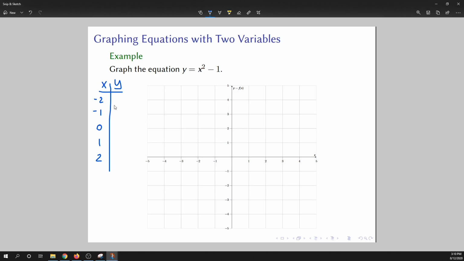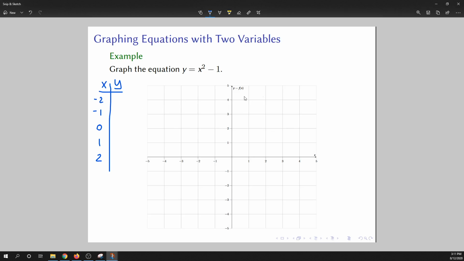All right, so don't sweat the details on how I pick these. For the ones that we're doing, these points for the most part will be okay, but as the graphs or equations get more complicated, then that also becomes more complicated.